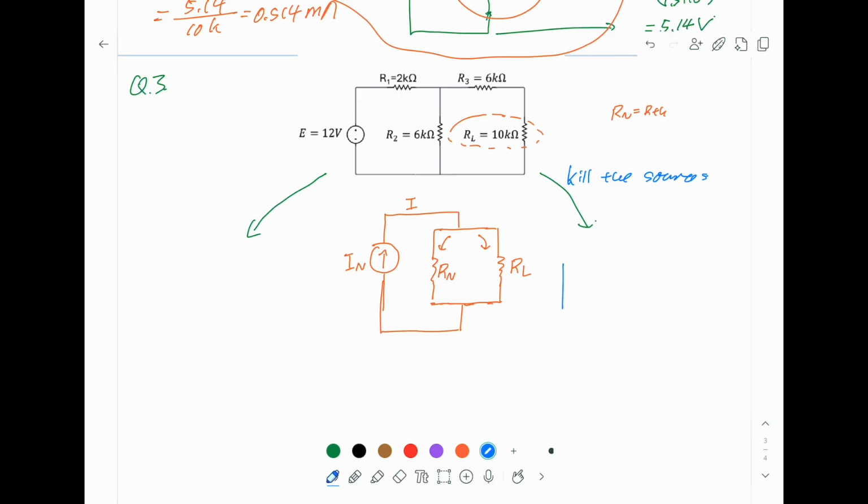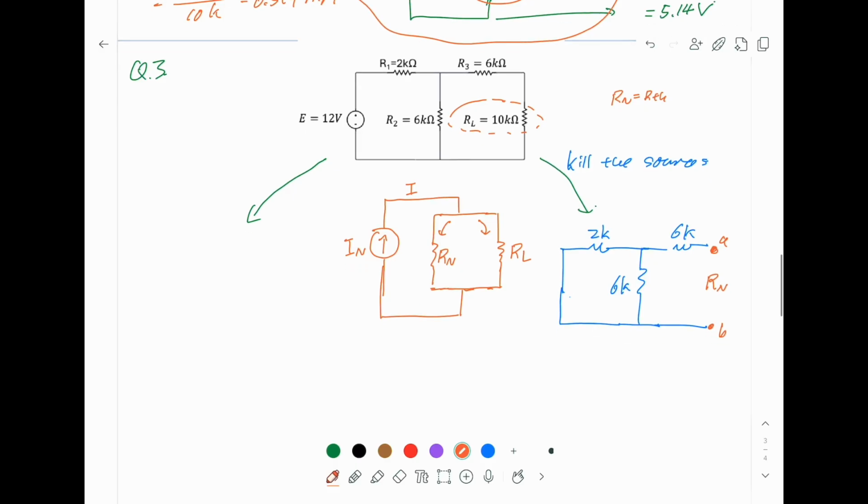So your source becomes here, and this is 2K, and this is 6K, and this is 6K, and we want to find the resistance across this A, B. We call this R. In Thevenin, we call the Thevenin resistance. In Norton, we call the Norton resistance, and they're exactly the same.